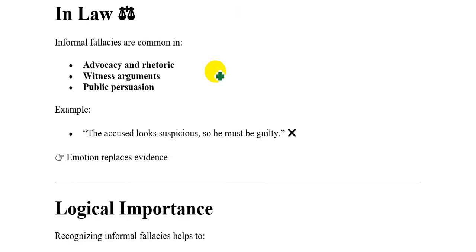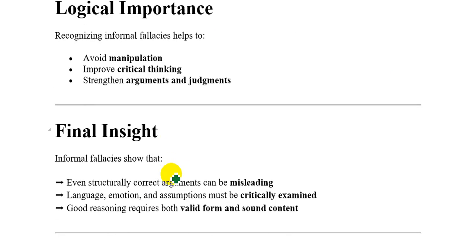So informal fallacies are common in advocacy and rhetoric, witness arguments, and public persuasion. For example, the accused looks suspicious, so he must be guilty. Emotion replaces evidence. What is its importance? It avoids manipulation.